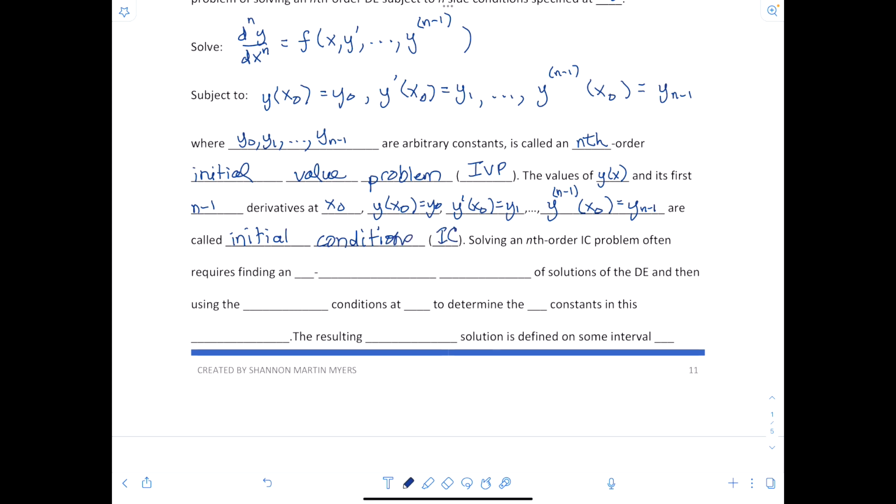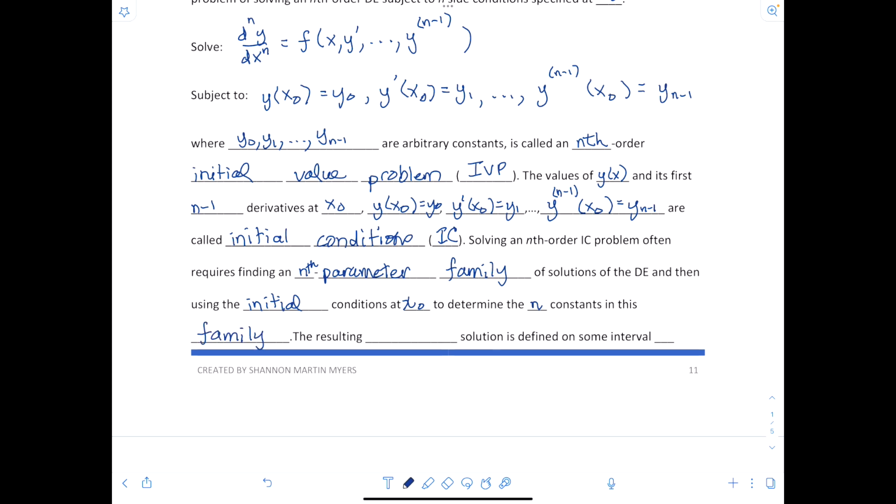Solving an nth order initial value problem often requires finding an n-parameter family of solutions, one happy family of solutions of the differential equation, and then using the initial conditions at x0 to determine the n constants in this family.